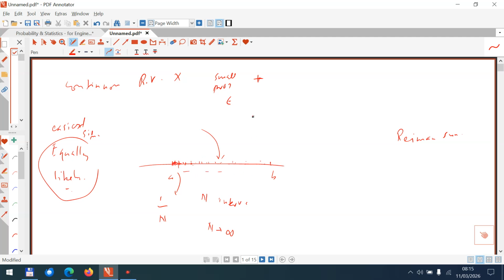The total probability will be epsilon plus epsilon plus epsilon, and you'll be adding them. How many times do you have to add this epsilon in the limit approaching infinity? You will have to add it infinite times, and each one of them is non-zero. So what should be the limit? It should add to 1. n to infinity, because I have an infinite number of points.